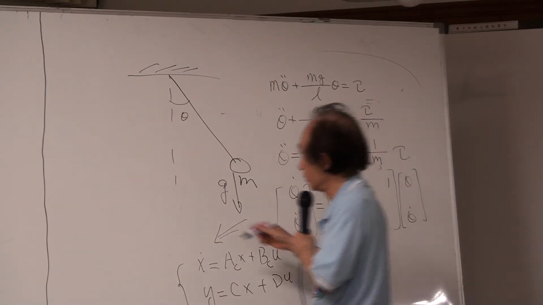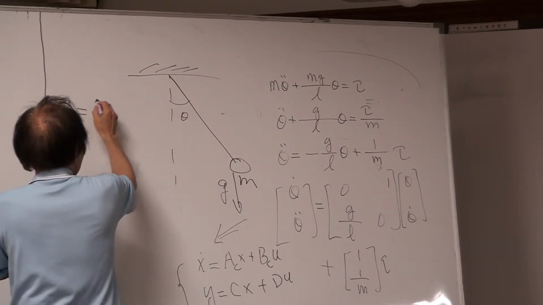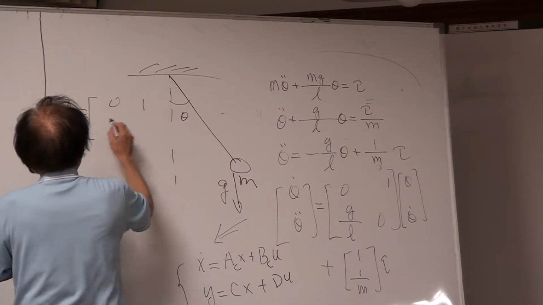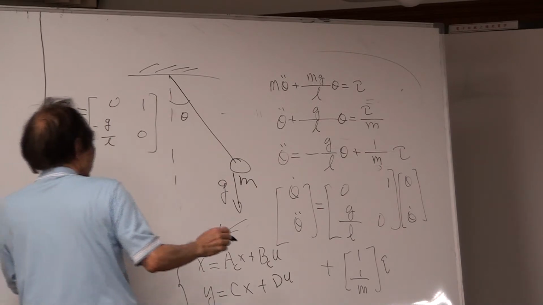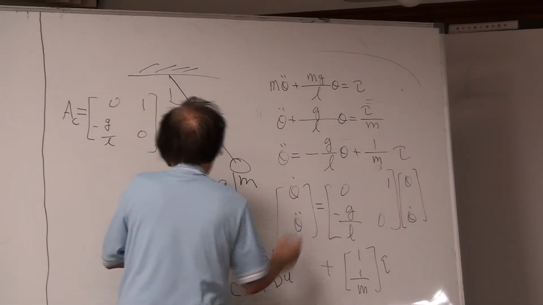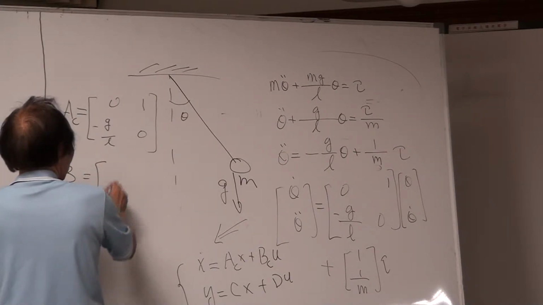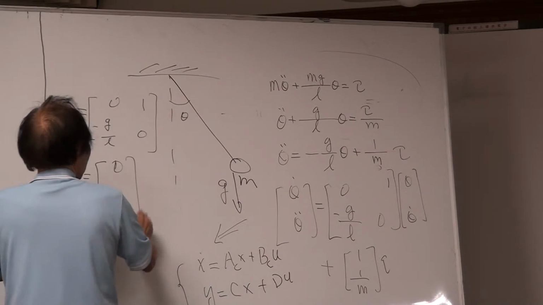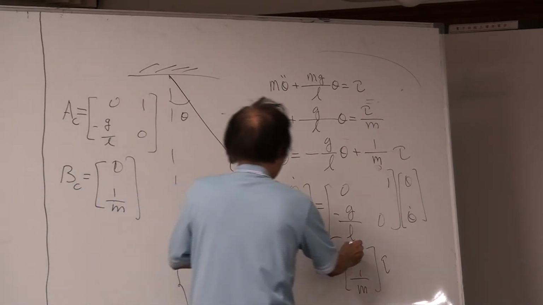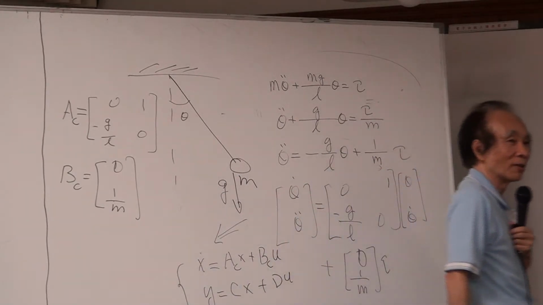Now, here we say AC equal to 0, 1, minus G over L, 0. This is minus. BC equal to 0 and 1 over M. You better be careful if I write it wrong.